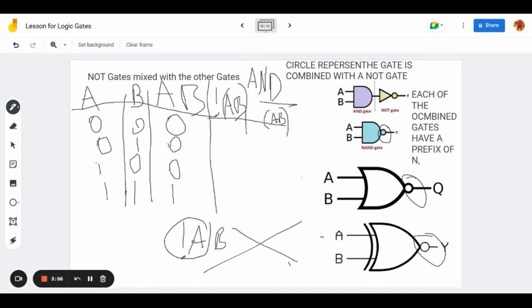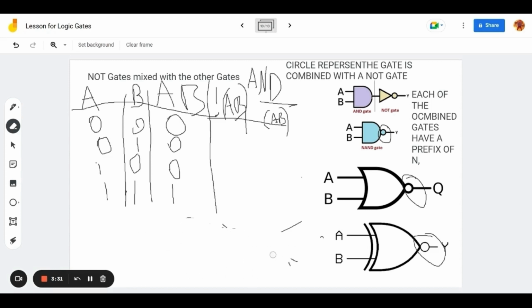We are not inverting A first. We are multiplying A and B together first, then inverting it. That's why we put the bracket here. Just like in normal math, we would want to multiply A and B together first before we do anything else with the A and B.